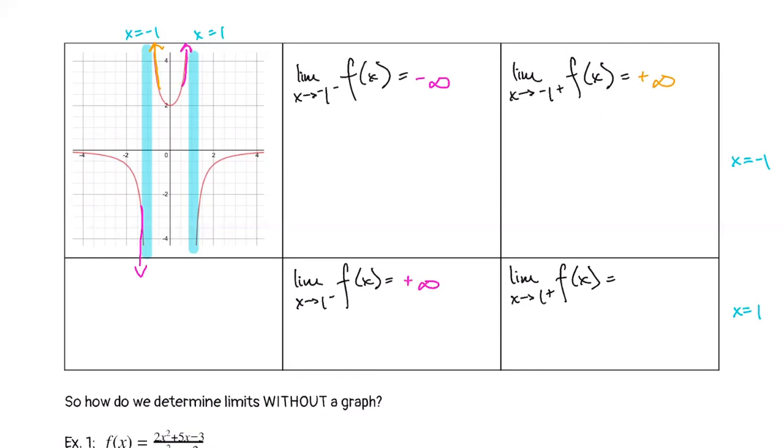And now I would say your answer would be correct for the right-hand limit, that when we approach x equals 1 from the right, it's going down to -infinity, okay? Now, what is this?